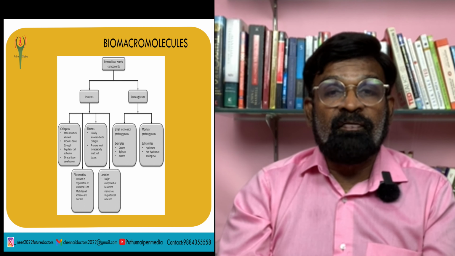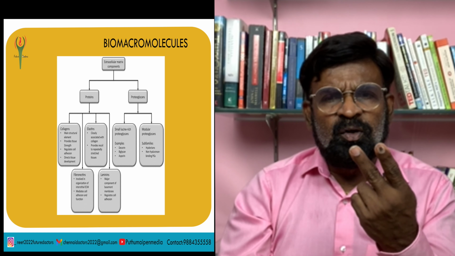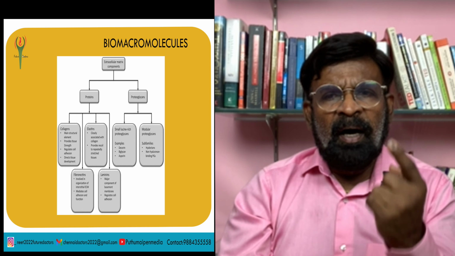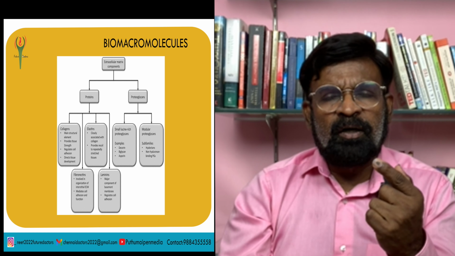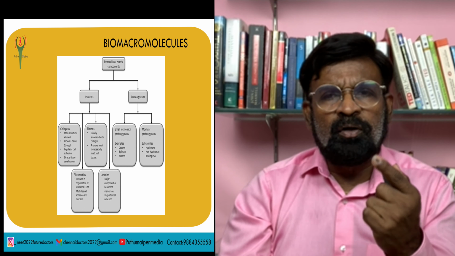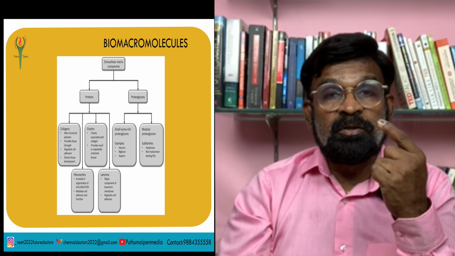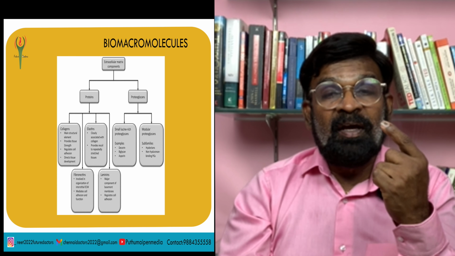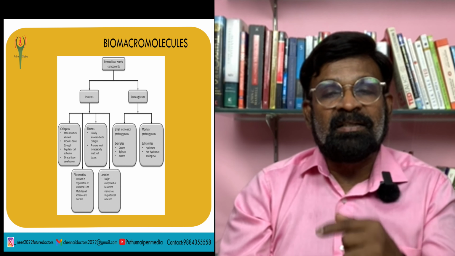The molecules which are found in living organisms are divided into 2 main types. One is biomicromolecules. These are molecules which have molecular weight less than 10,000 Daltons.